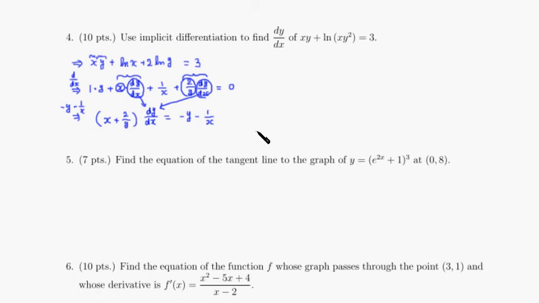Alright, the last step is we need to isolate dy over dx. We're going to divide through by the quantity x plus 2 over y.